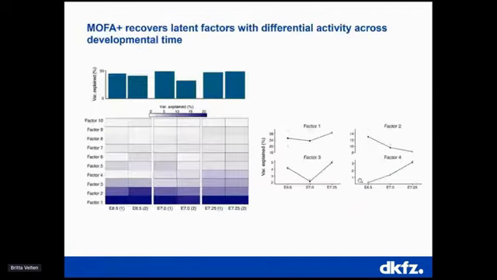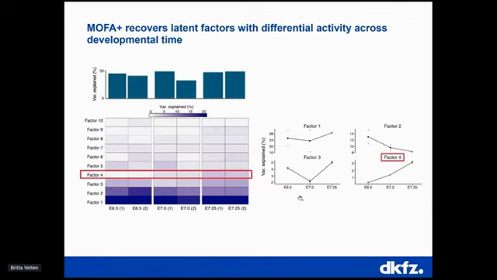And for this, we again applied MOFA to this data, now with groups of samples, as you can see on the bottom here, with 2 replicates at each developmental stage. And we can again see that some factors are important for all of the sample groups, while others gain more and more importance as the development progresses. So for example, factor 4, you can see, is not active at an early developmental stage, but gets more and more active later on.